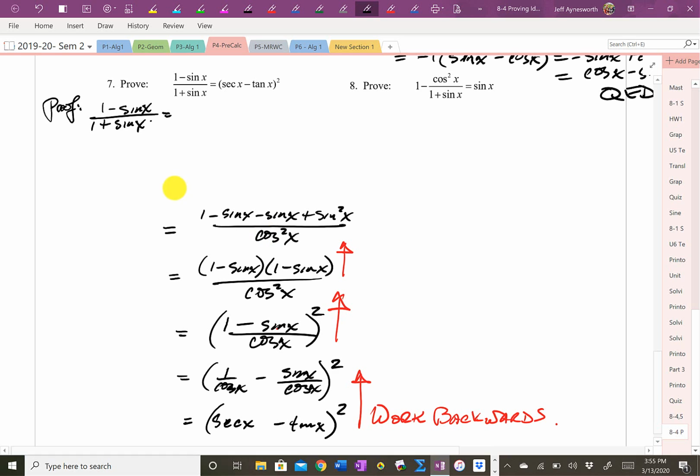Let's work backwards again. So this is 1 minus 2 sine of x plus sine squared of x, all divided by cosine squared of x. Just simplifying here, all I did was rewrite this as this, okay? Minus sine x minus sine x is a minus 2 sine x.